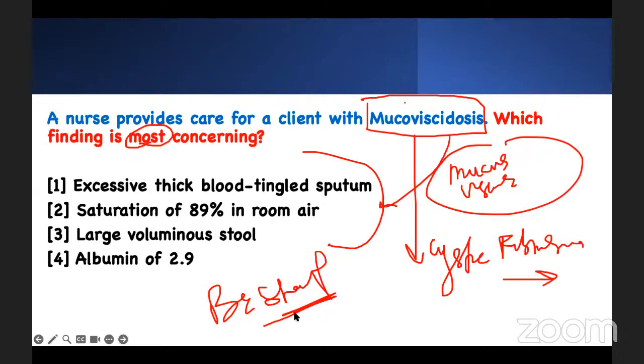Don't go with the unexpected finding. If this is cystic fibrosis, mucoviscidosis, and they ask you for the most concerning, then you should not pick an expected finding associated with that disease process.